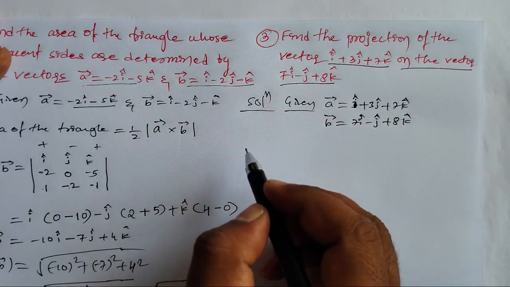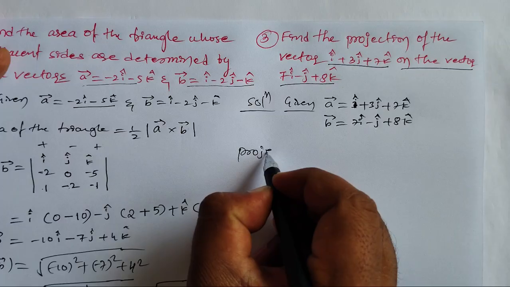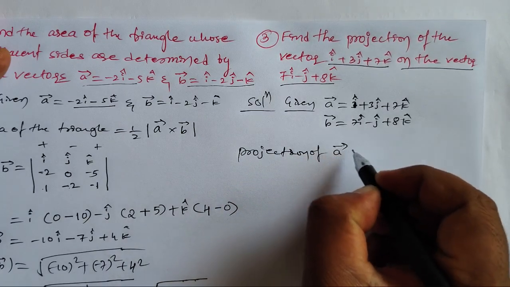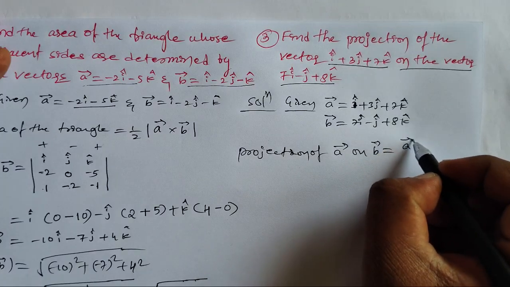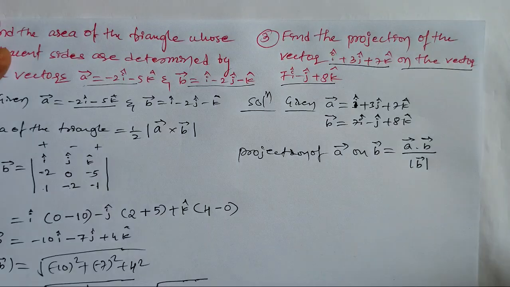Okay, you know the projection of A and B formula. First you write projection of A vector on B vector equal to A vector dot B vector divided by magnitude of B vector, right?